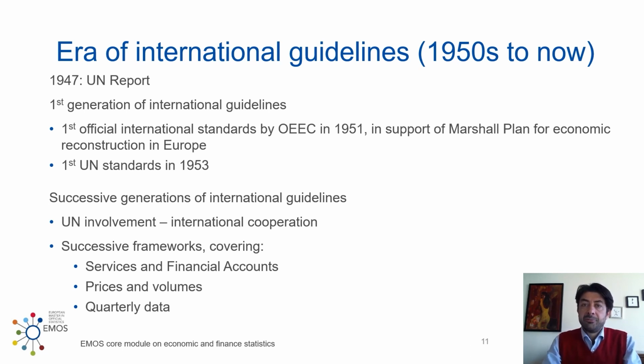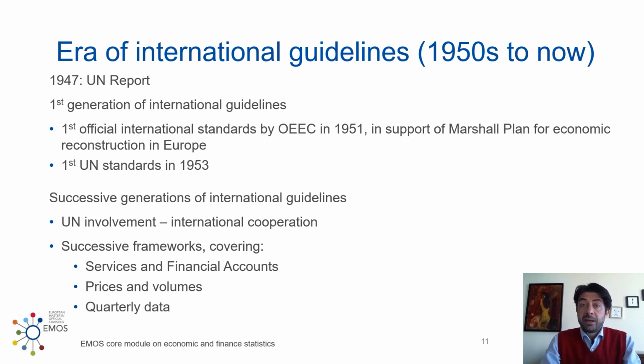Since then, there have been successive iterations to update the international guidelines to include new user demands. So the system was gradually expanded, for instance, to include services or financial accounts, or the measurement of national accounts at constant prices, when at a certain point the focus moved from estimating levels to estimating growth.